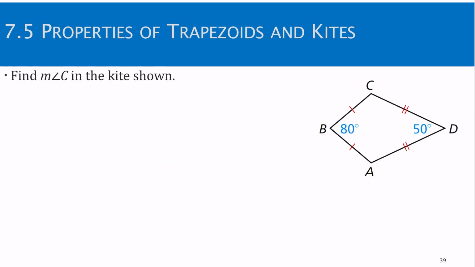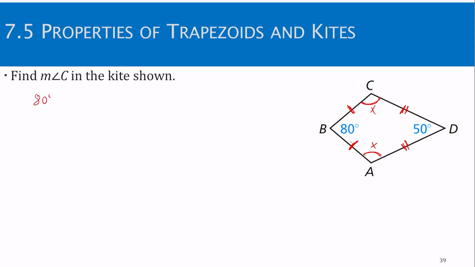Alright, so we're supposed to find the measure of angle C. Now, since it's a kite, because I have these two sets of consecutive congruent sides, we know that one pair of opposite angles are congruent. So C is congruent to A, so I could call them both x. But how does that help? Well, it's a quadrilateral.